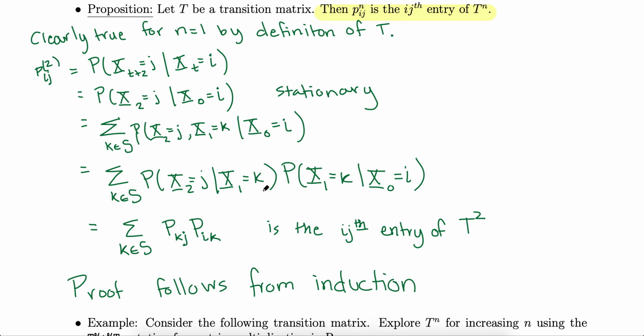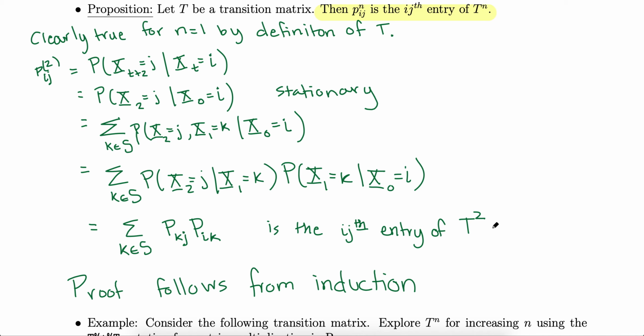This is just entry kj from our transition matrix, P_kj. This other one is just entry ik from our transition matrix. And if you think about matrix multiplication, I've got my left hand going over, my right hand going down, going across the row and column, adding those up. That's what this is. It's the ijth entry of T squared, matrix multiplication.